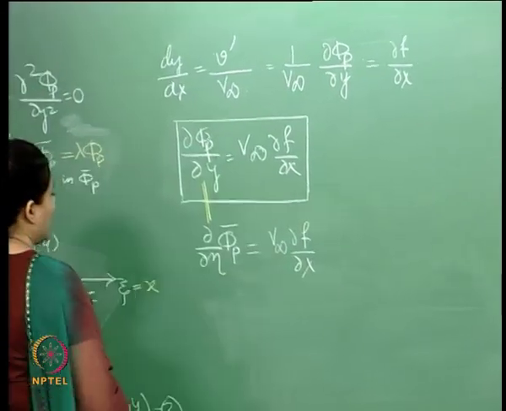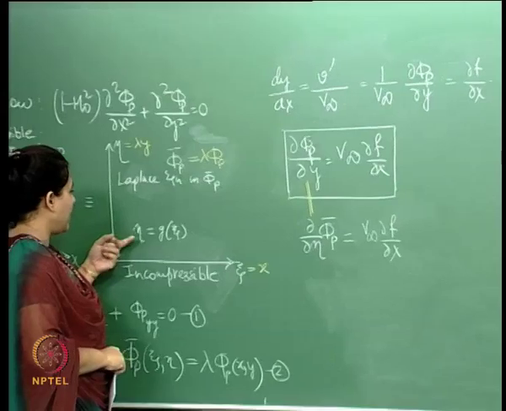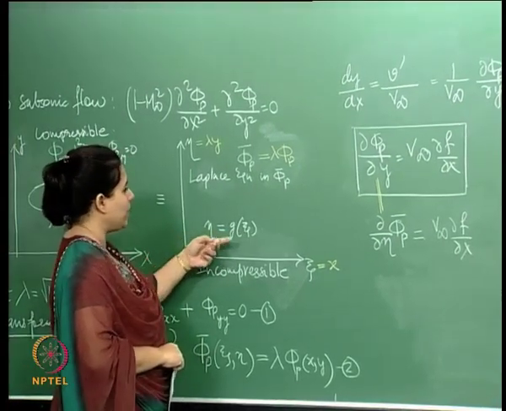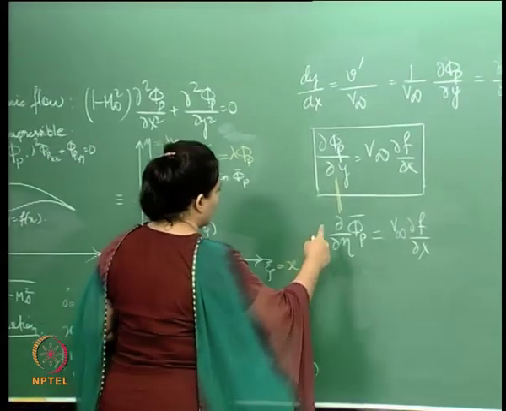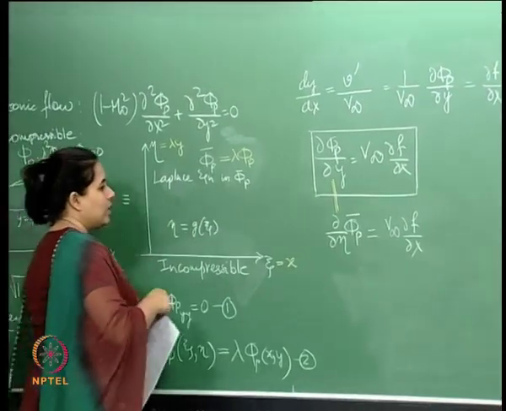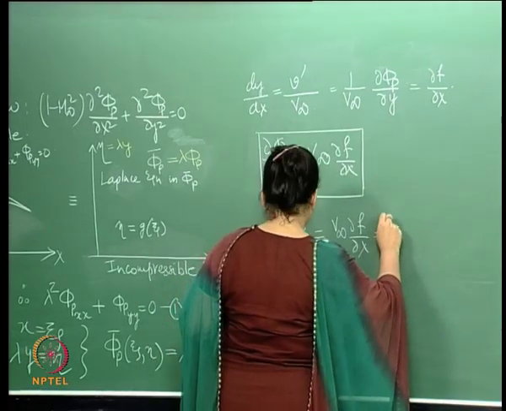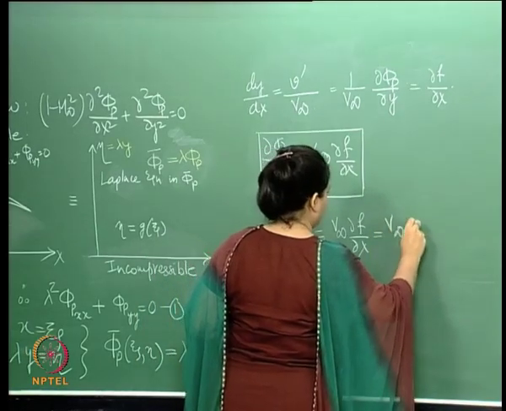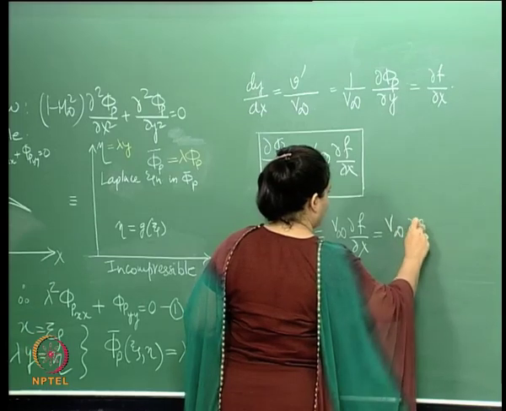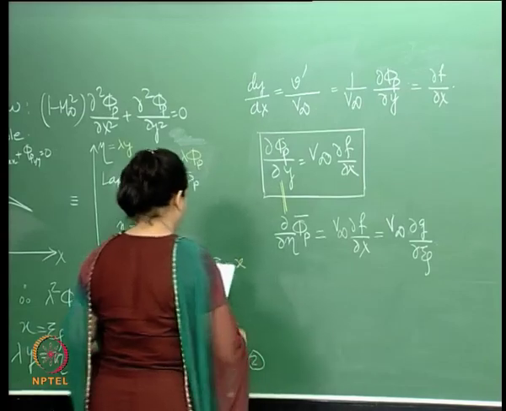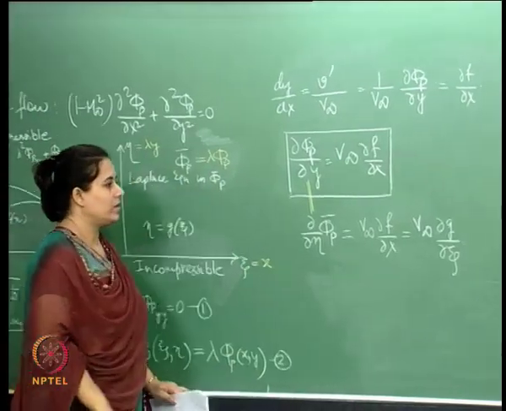But again eta is equal to g, so del phi p bar del eta is basically d eta by d zeta.